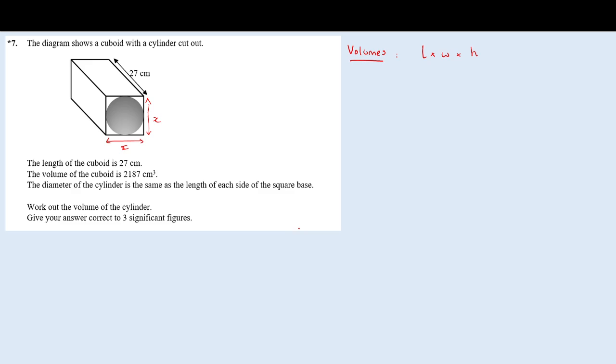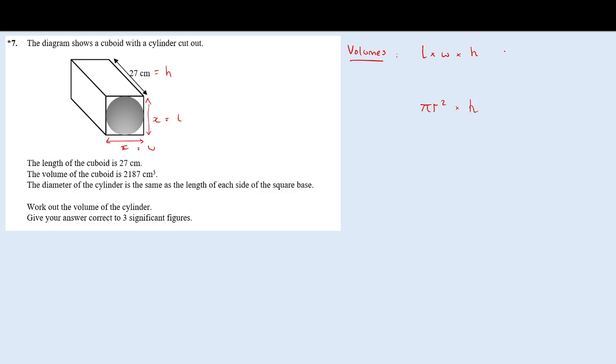I don't know it. I've also got a cylinder, and the volume of a cylinder is pi r squared, the area of a circle, times the height. And again, we can say that that is our 27. Now, I've not really looked too much into this question, but I know that these are two things that I can use with this question.